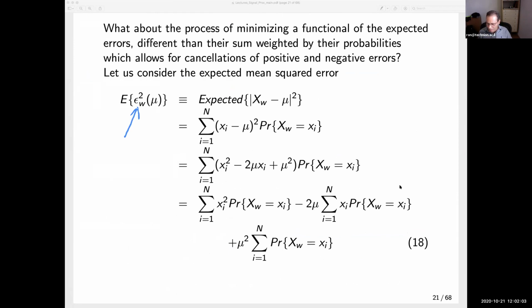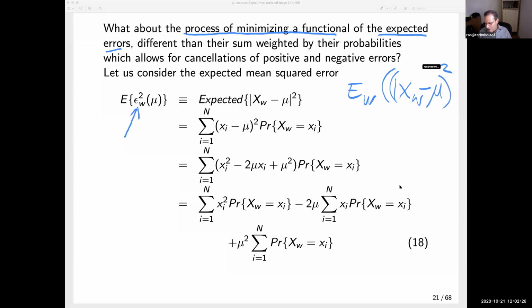What we do is we minimize the expectation of the squared error. So we look for the expectation of xw minus mu squared.